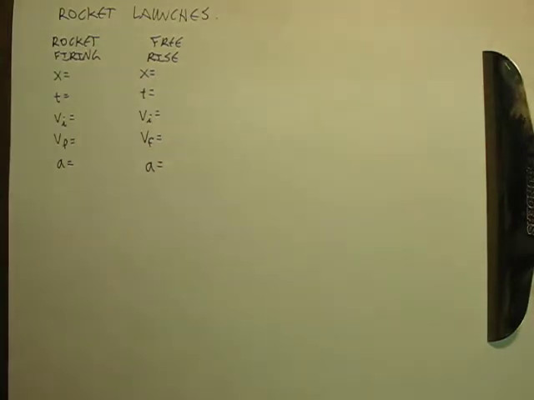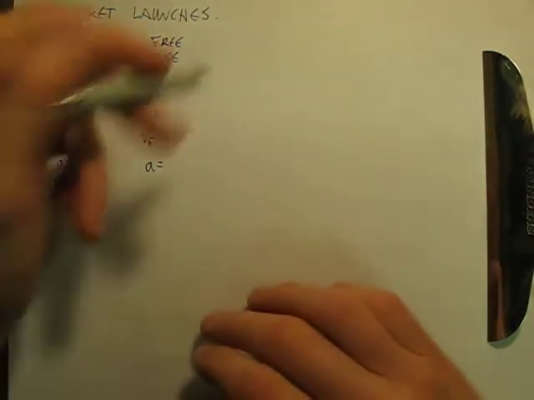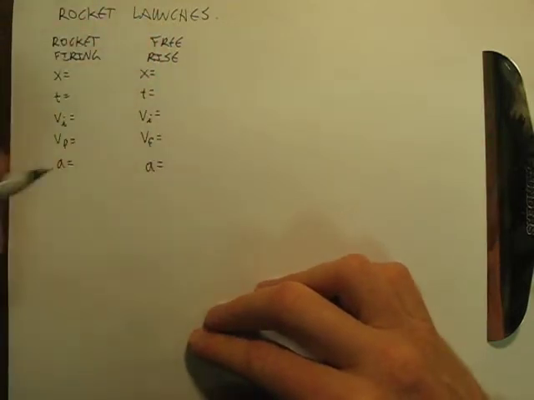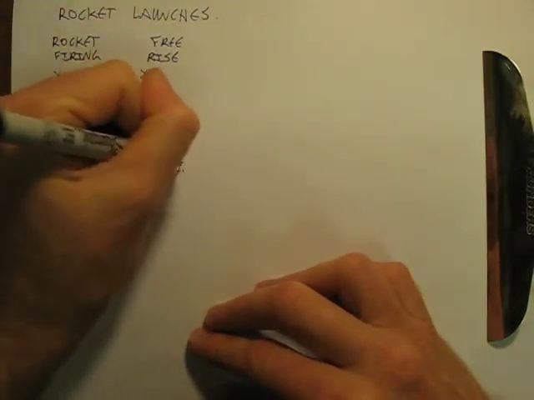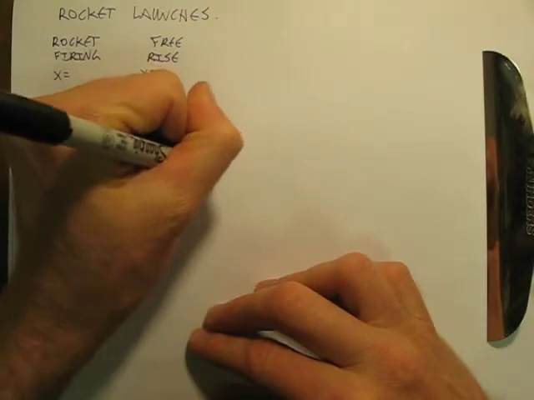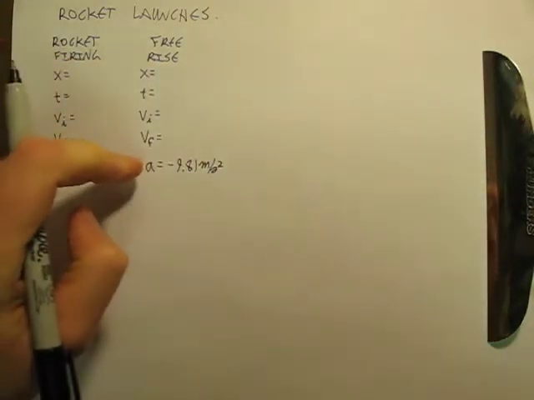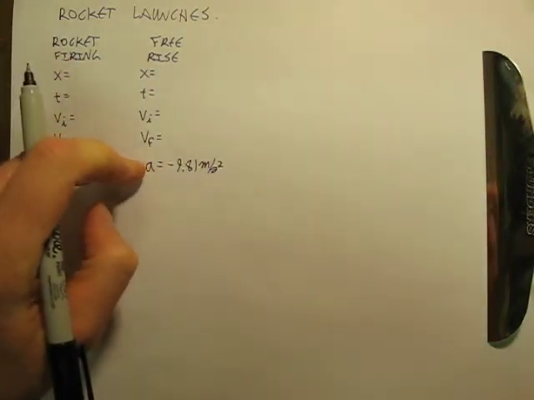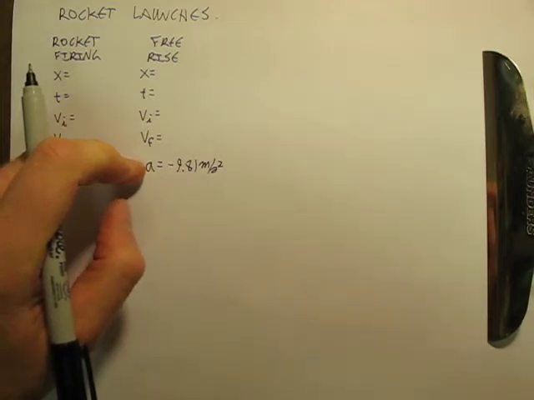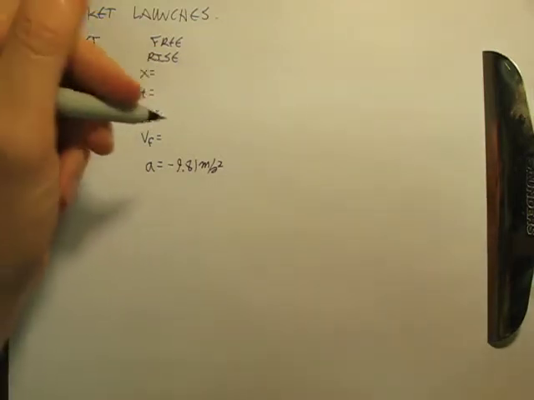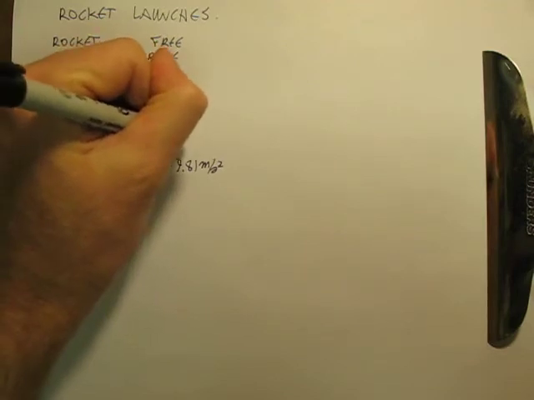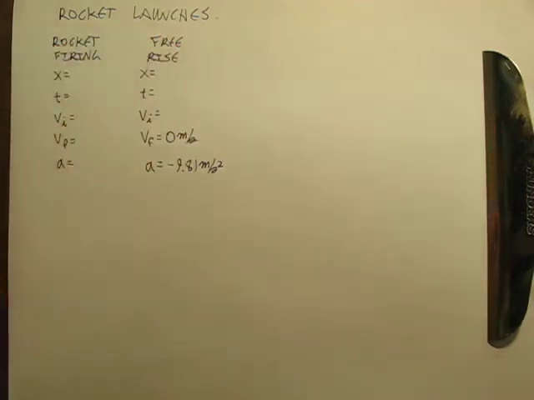Okay. Now, what we know we can do is we know that when it's going up without the motor on, it's going to be accelerating back towards the surface of the Earth at negative 9.81 meters per second squared. And we know when it gets to the top of its flight, it's going to be going 0 meters per second.